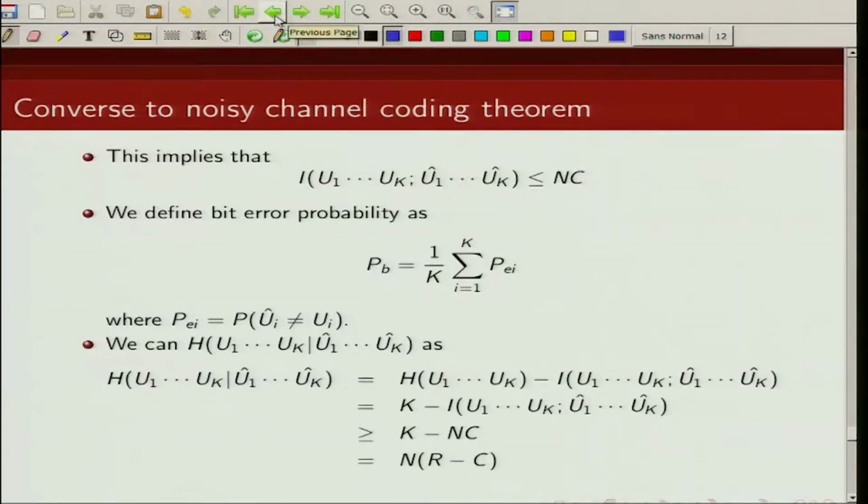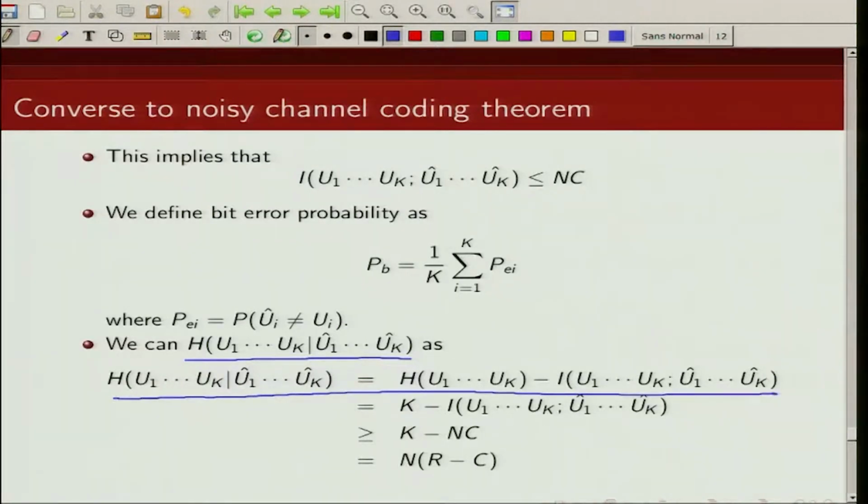Now, let us try to write the uncertainty in u1, u2, u3, ..., uk given u1 hat, u2 hat, ..., uk hat. From the definition of mutual information, this can be written in this particular form. What is this quantity?